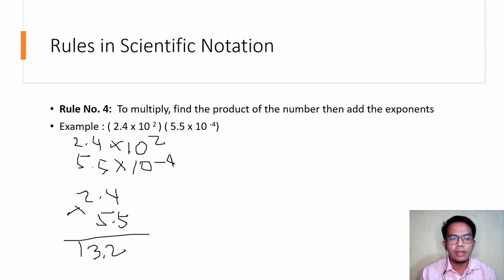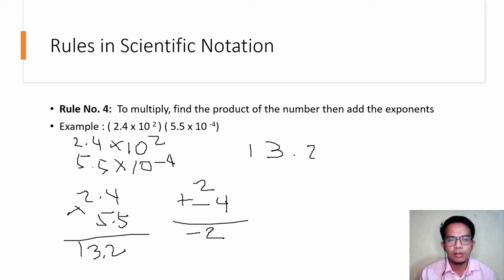And now we will add the exponents, 2 and negative 4. So 2 plus negative 4 is equal to negative 2. So we now have 13.2 times 10 raised to negative 2.